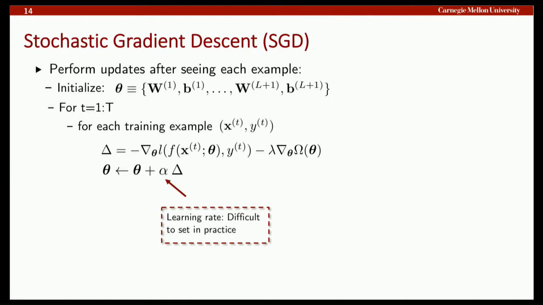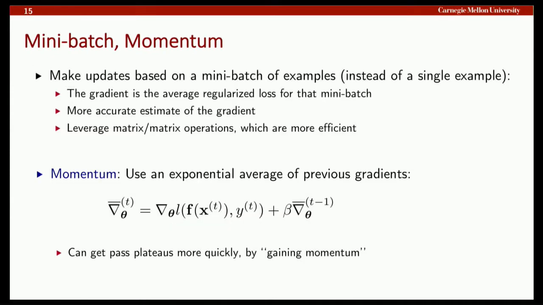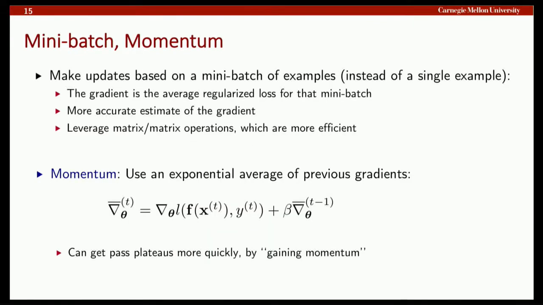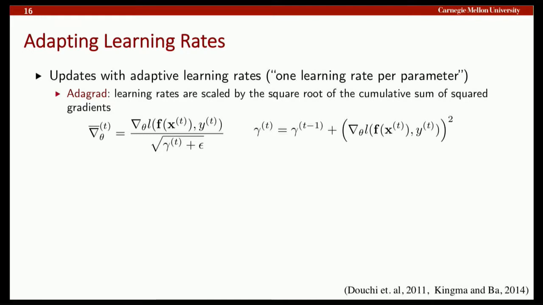Now, instead of using stochastic gradient descent, in practice, we are actually going to be using mini batches. The idea behind mini batches is that instead of using one example to update your model parameters, you're going to be using a mini batch of examples. And the gradient is going to be the averaged regularized loss for that particular mini batch. So think about taking 100 examples, computing the gradients for these 100 examples, and then averaging over those.